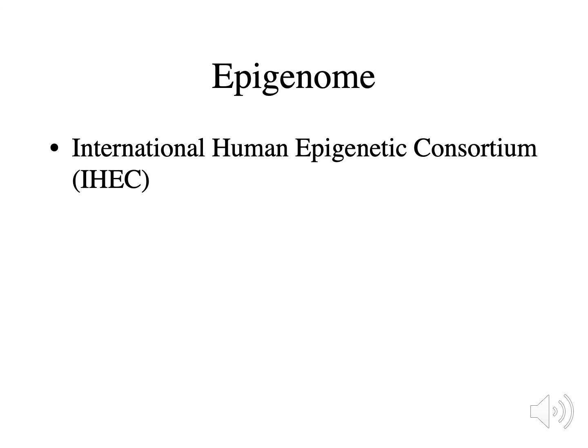The initial goal has been to characterize 1,000 epigenomes in 10 years from different human tissues and individuals, with prospects for translating discoveries into improved human health. This is a very interesting thing, but the project has been very controversial because of the variability and the dynamic nature of epigenetics. And this concludes Module 2.